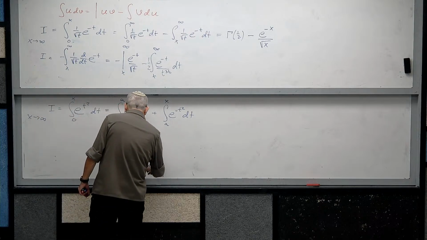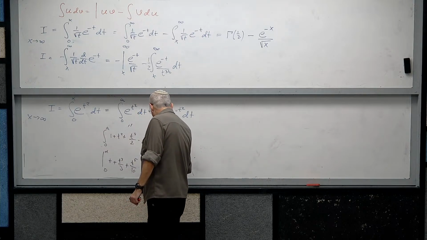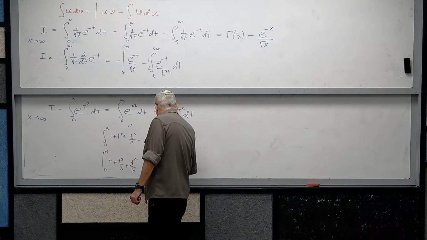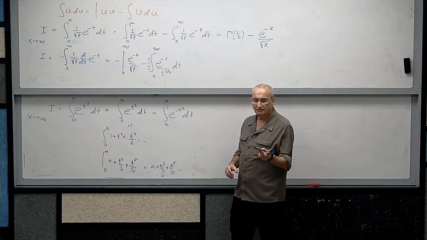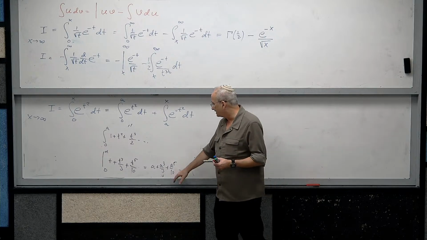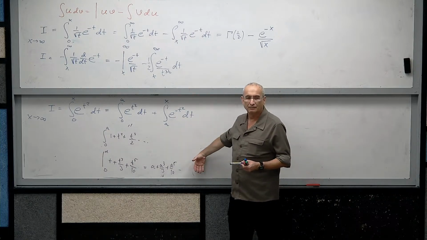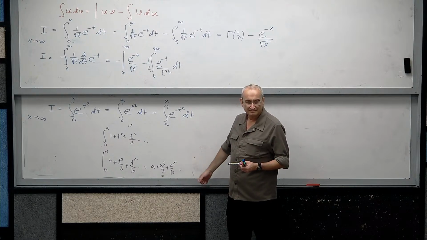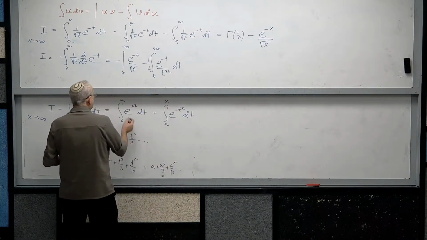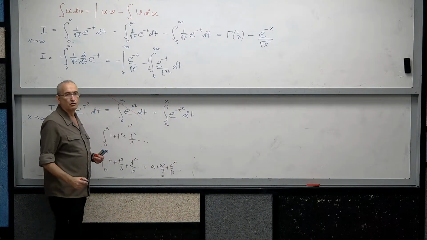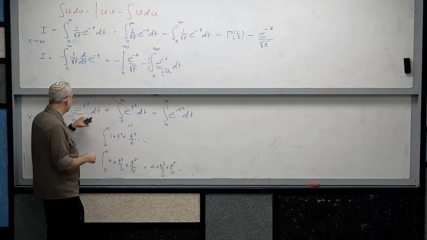It will give me a plus a cubed over 3 plus a to the 5 over 10, and so on. What's important is that everything is proportional to a. If x goes to infinity, all these terms are subdominant. So all this integral is actually garbage. It has no contribution to the asymptotic behavior of that integral.